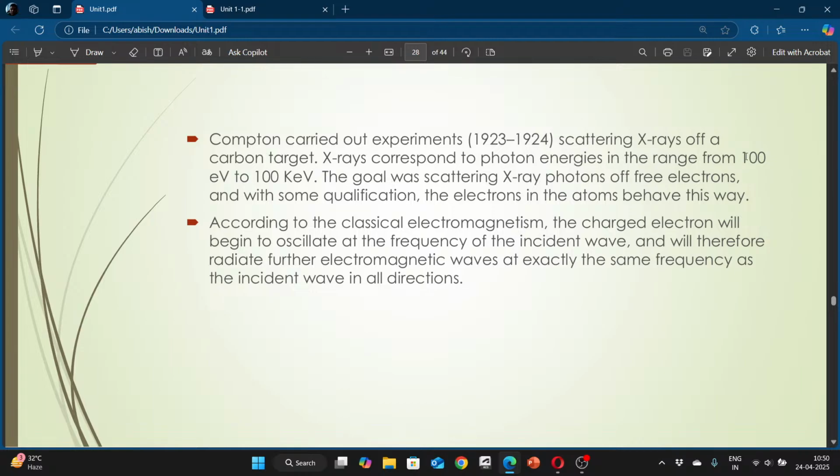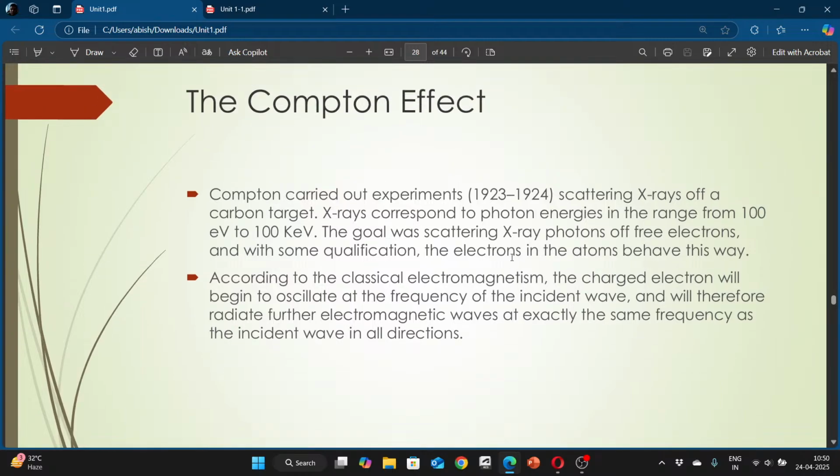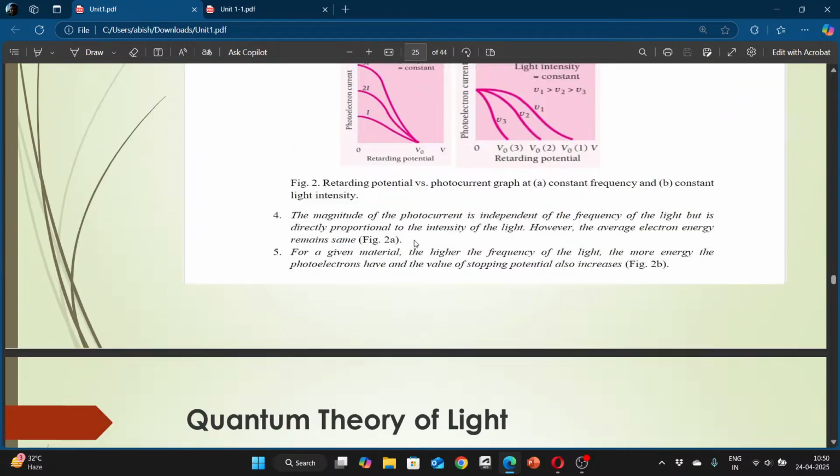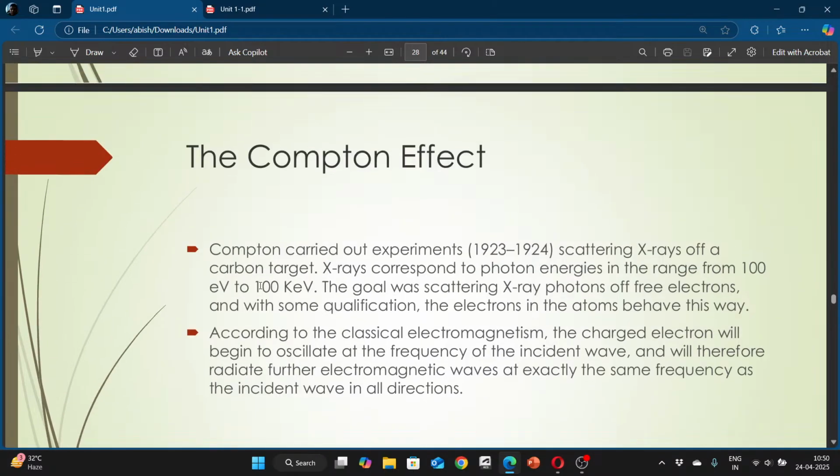Its energy is in the range from 100 eV to 100 keV. The goal was scattering X-ray photons off free electrons, and with some qualification, the electrons in the atom behave this way. Over there they used normal light or high frequency light, but here they are using just X-rays. That's the main difference.